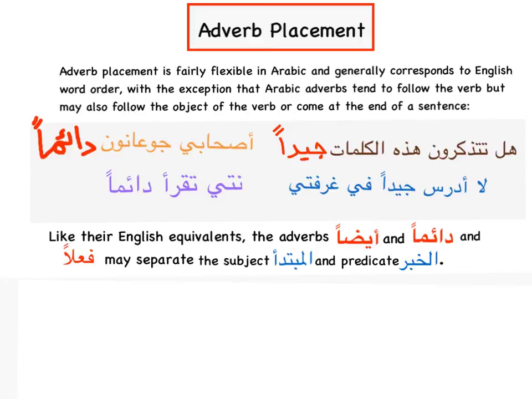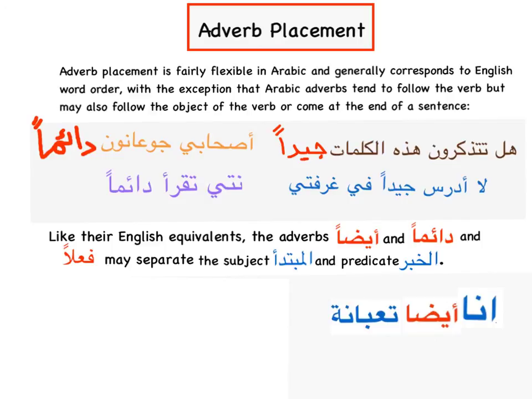Like their English equivalents, the adverbs أيضا and دائما and فعلا may separate the subject مبتدأ and predicate خبر. So I can say أنا تعبانة أيضا, but I can also say أنا أيضا تعبانة. Same meaning. Except now أيضا separates the predicate and the subject.